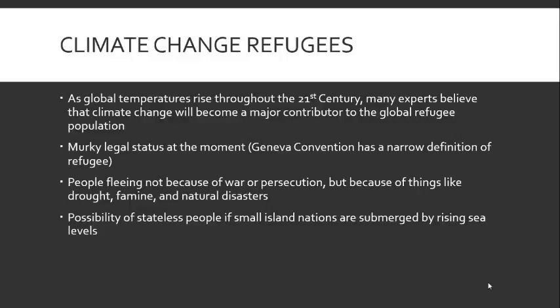And this might become a major contributor in terms of refugees. These are people who might be fleeing their homes not because of war, but because of drought and famine and disasters and other such calamities.